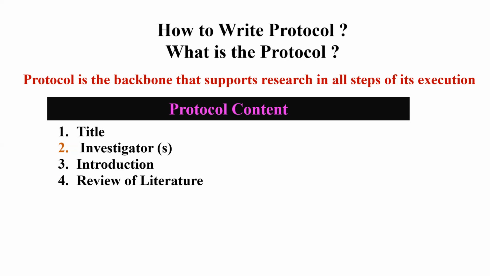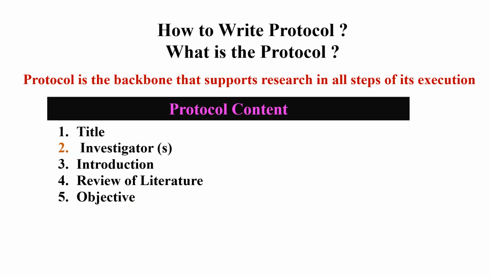In the review of literature, we need a critical appraisal of the findings of others' studies, and the topic must include the latest developments. These points are required in the review of literature.